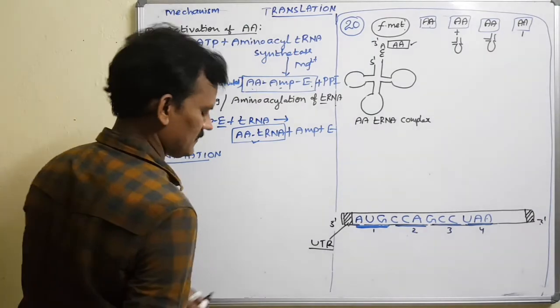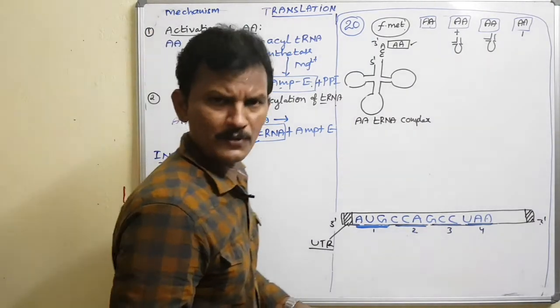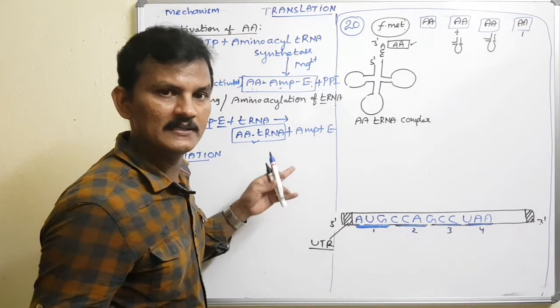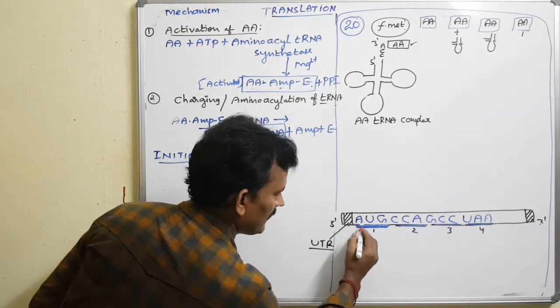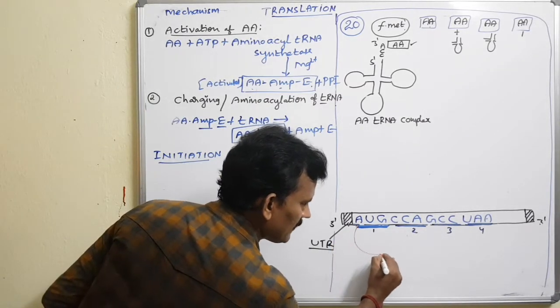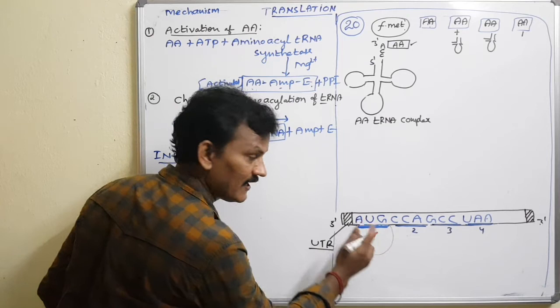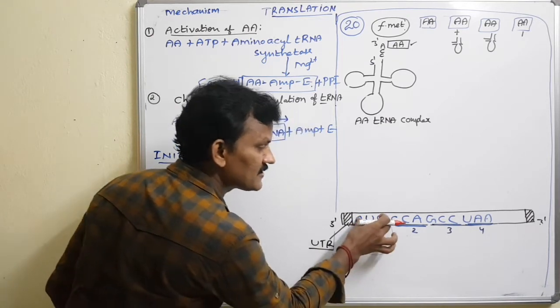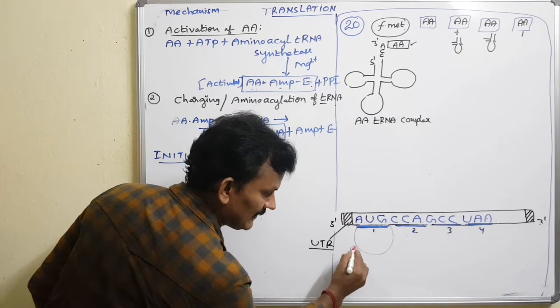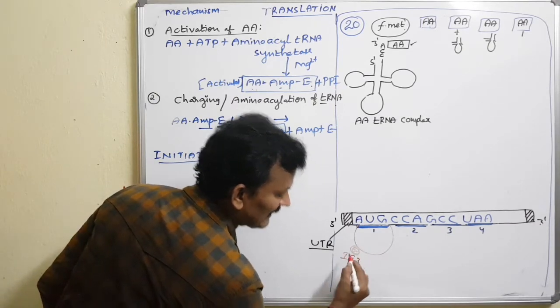In the initiation process, the small subunit of the ribosome, which in prokaryotes is the 30S subunit, binds on the mRNA at the initiation codon site, the AUG site, with the support of initiation factor 3.